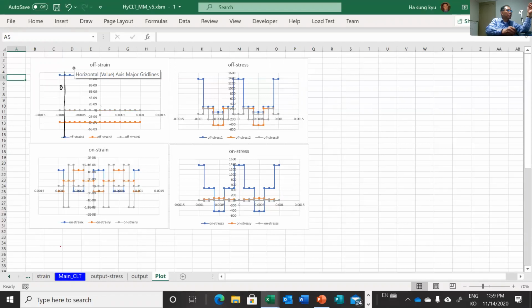This is a 0 degree, this is a 45 degree, and minus 45, and 90, and so on. And all these strains have the same distribution.